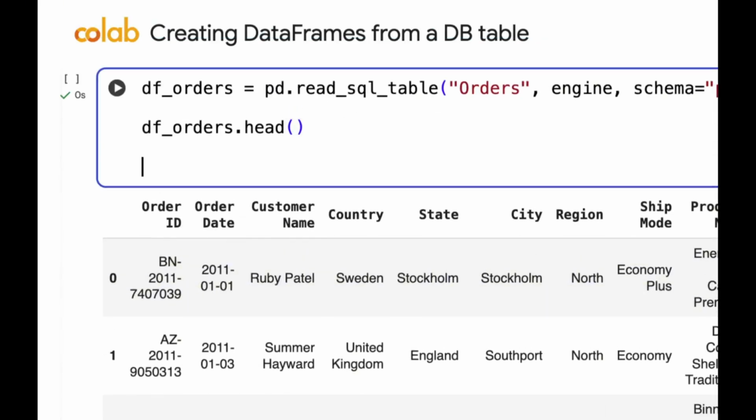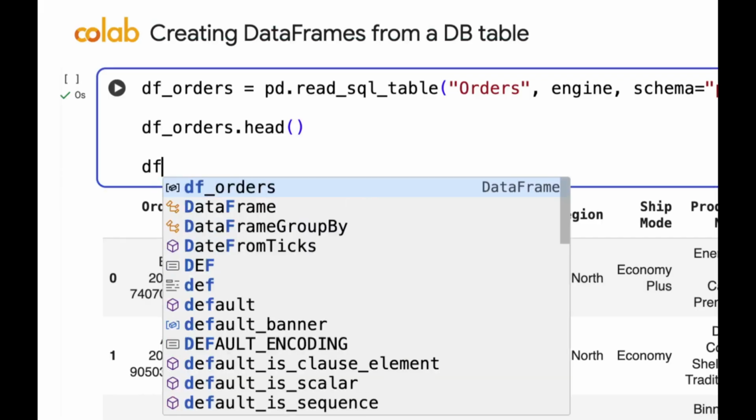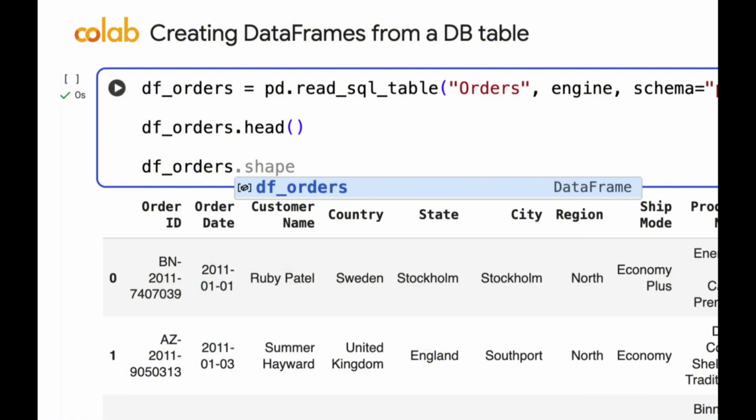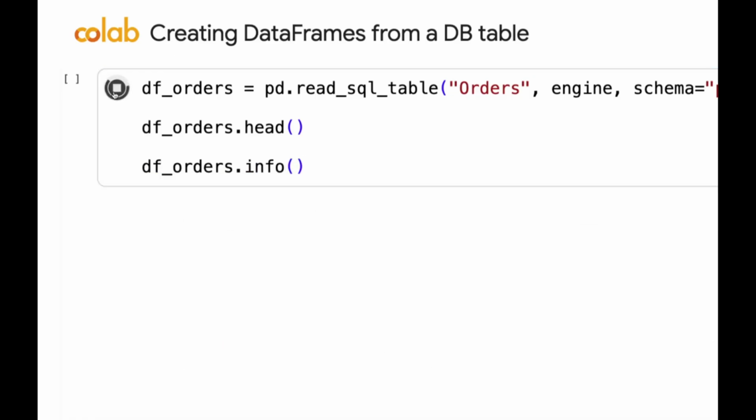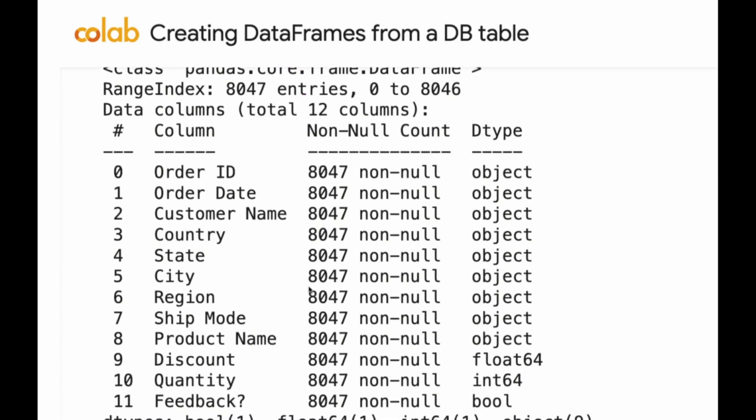And after that, if we want, we can do things like df_orders.info. Remember, we mentioned this function before to get some information of a given data frame, right? So, I mean, here it's just showing us the name of the columns and how many values are contained in each column. It's more than 8,000.